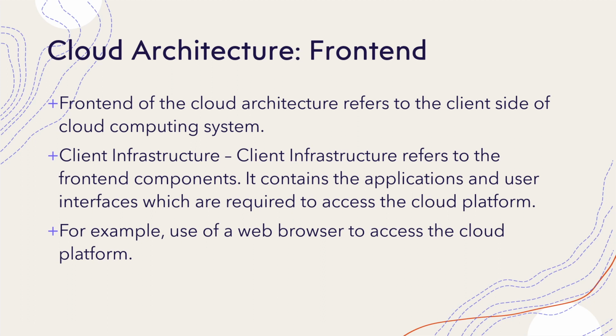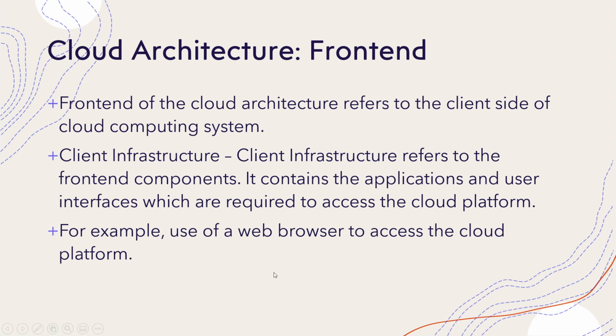Front end. Let's quickly discuss what the front end of the cloud architecture means. Front end basically refers to the client side of the cloud computing system. The client side also has some client infrastructure that refers to the front end components. They contain end user applications or user interfaces which are required to access the cloud platform.